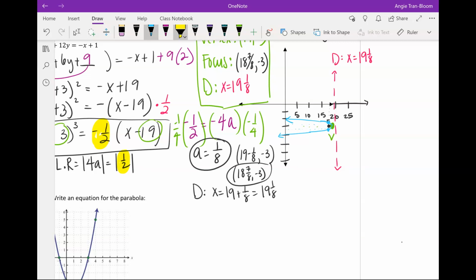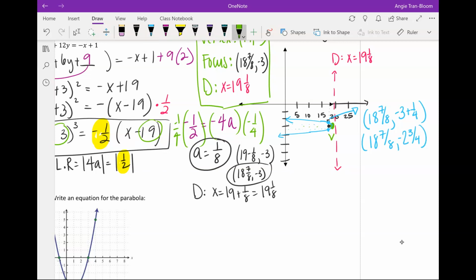So if I ask you to find the latus rectum point on the top here, then we're going to take, remember, the y value of the focus. So the x value should be exactly the same. The y value is -3, and we're going to add 1/4. Of course, we simplify. So 18 and 7/8, comma, -2 and 3/4 is the top point of that.